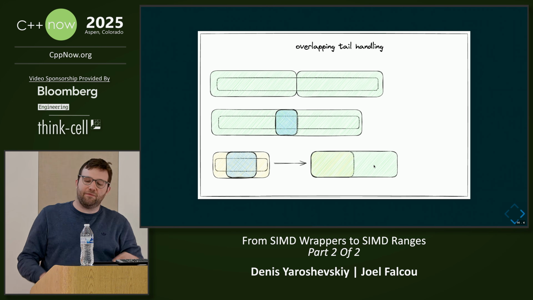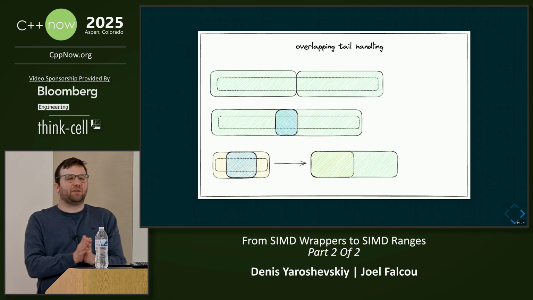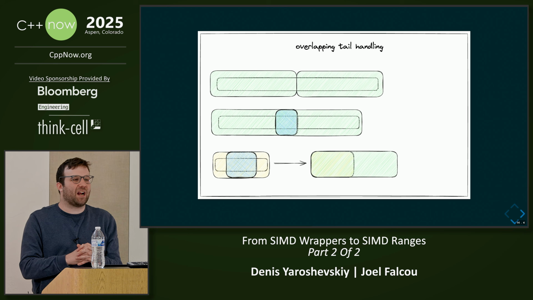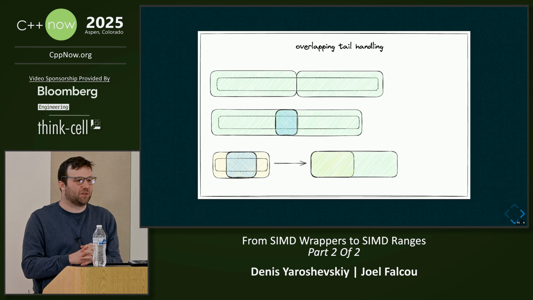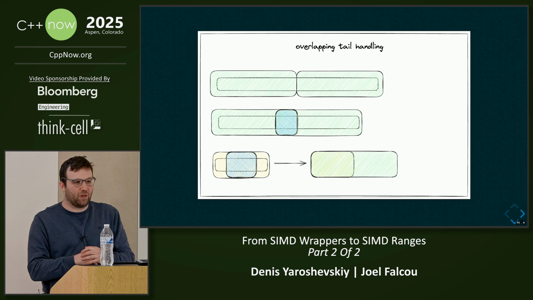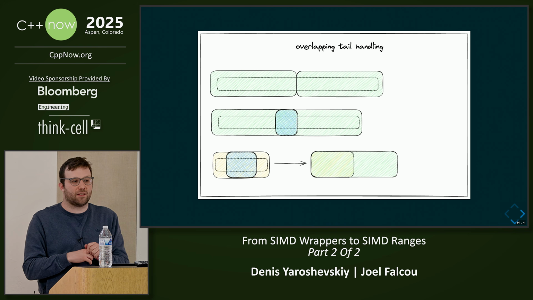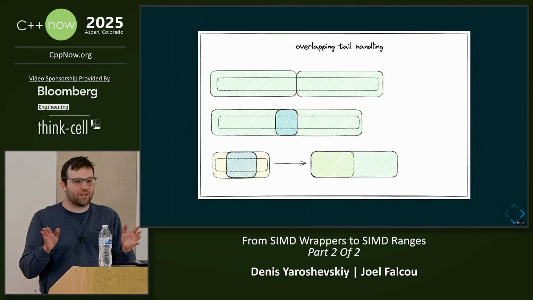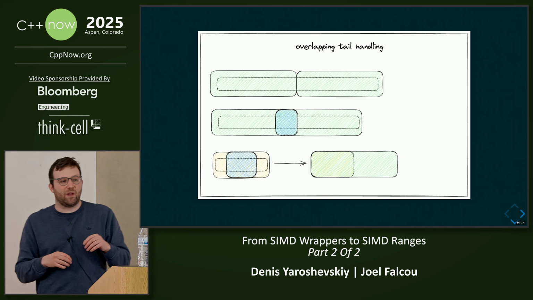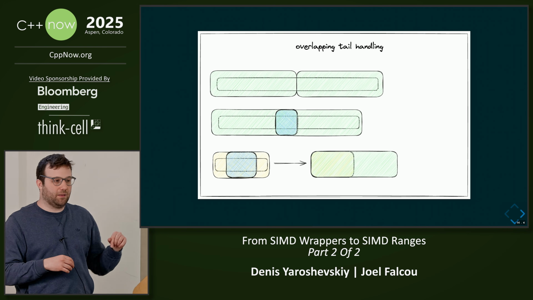You can also, how many people, out of the people who haven't fallen asleep yet, feel that garbage values are something they're willing to live with? Okay. What if it was zeros? What if I guarantee you that the value that you load is a real value from the array or a 0? What if it's a value from the array, but the value can repeat?